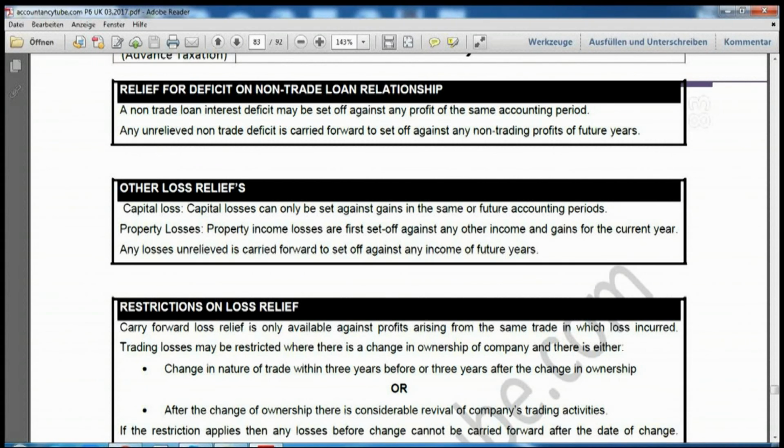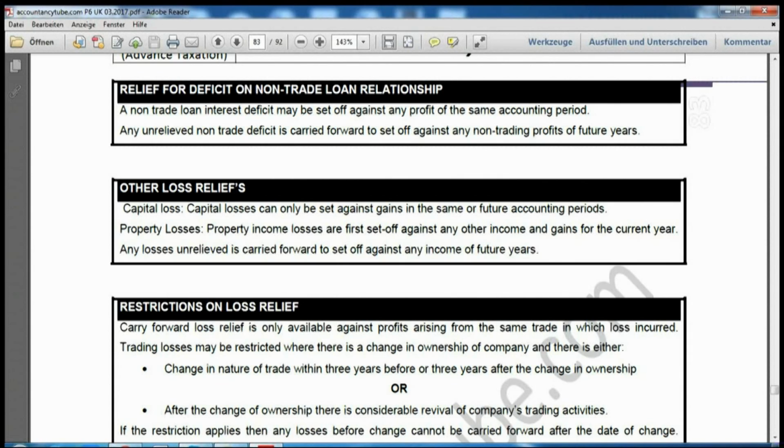Alright. Now, a restriction on the loss relief. There is a restriction on the loss relief. A carry forward loss is only available against profits arising from the same trade in which the loss was incurred.